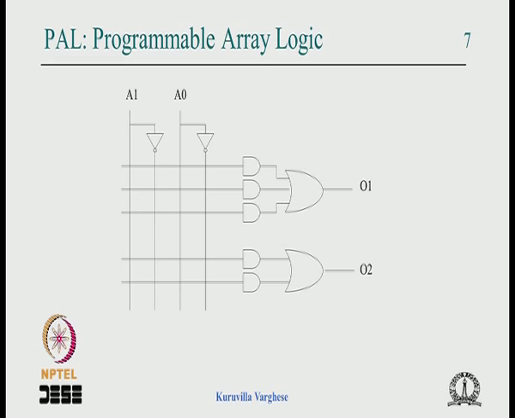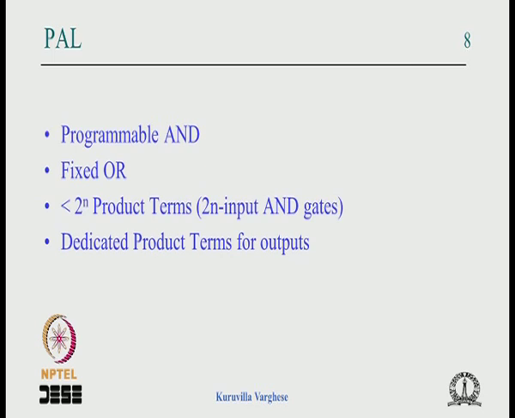Understanding that will help in some other logic design, I hope. So the PAL is programmable AND and fixed OR. We started with a fixed AND and programmable OR, we came to both programmable, then we inverted it. From a fixed AND and programmable OR, we have ended up with a programmable AND and fixed OR, for the reasons we have stated.